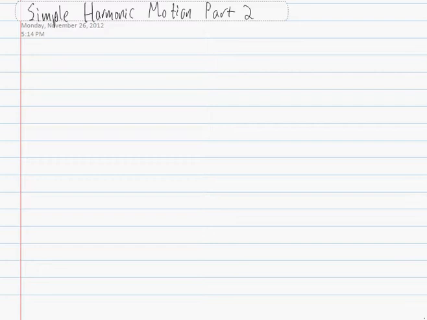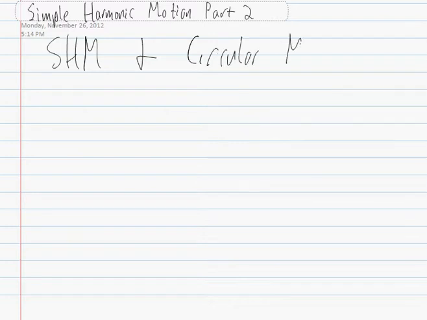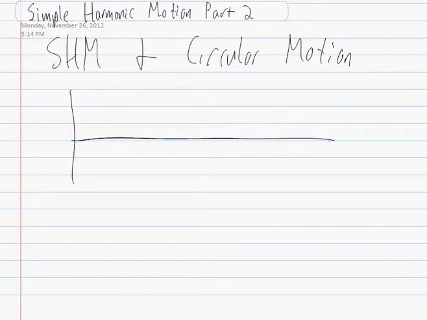As you saw in the other 3 little videos, and none of them were very long, they talked about the relationship between simple harmonic motion and circular motion. And as you watch the mass move from down to up, x versus t, it makes a pattern like this.